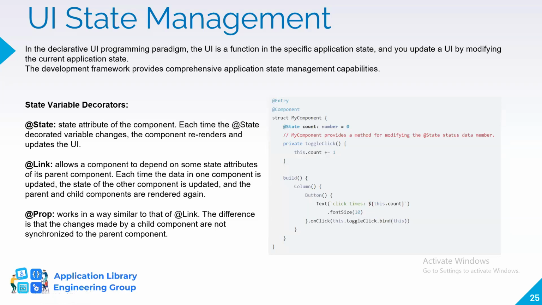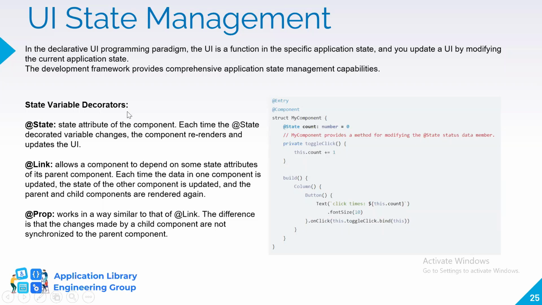Basically, in declarative UI programming, whatever UI you are seeing is a function of the specific application state. So whenever you are updating the UI, you are modifying the current application state. To make this easily usable, some decorators are defined and given for usage to the users.